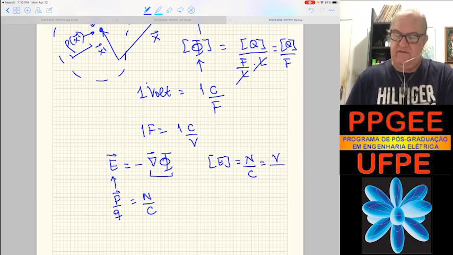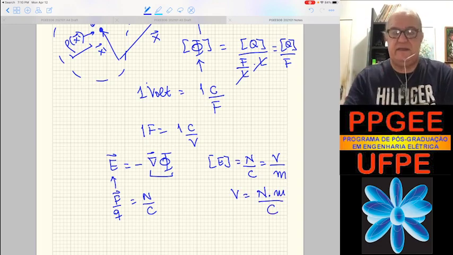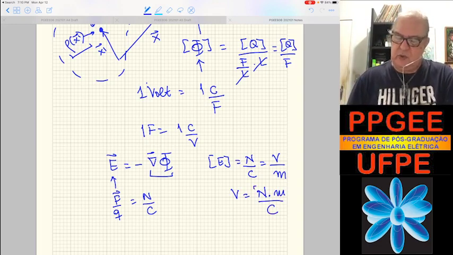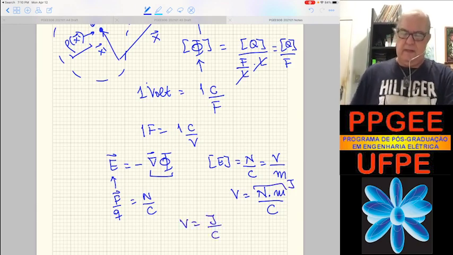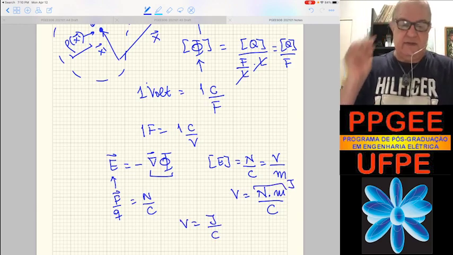So the volt, in fact, is Newton meter per coulomb, alternatively coulomb per farad, but also this is joules. So 1 volt equals 1 joule per coulomb, okay? So we have all those units. We have to look around.